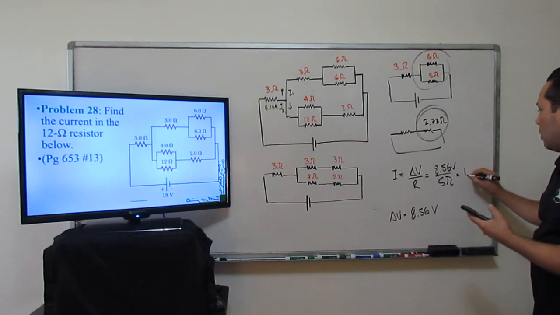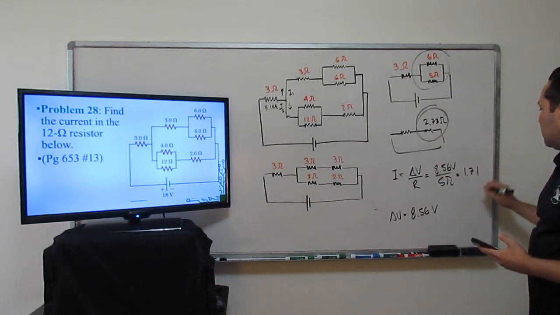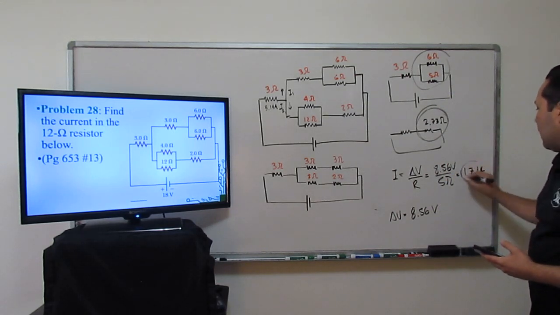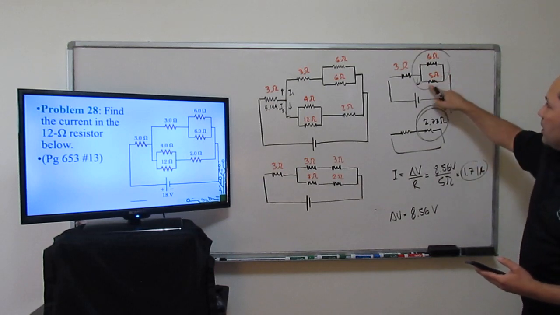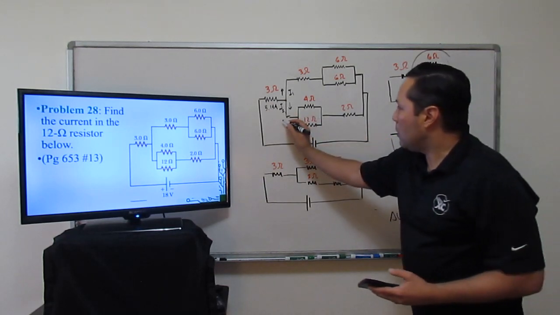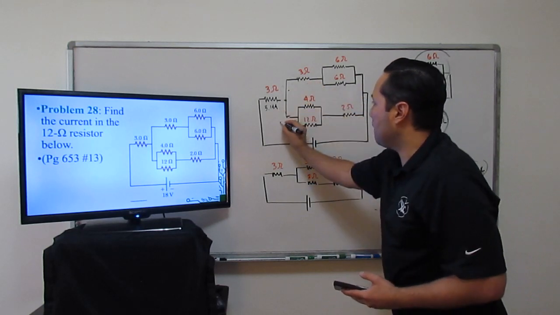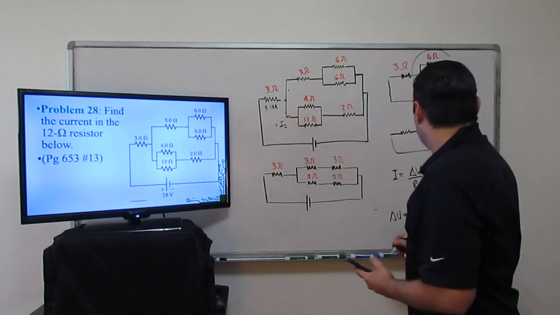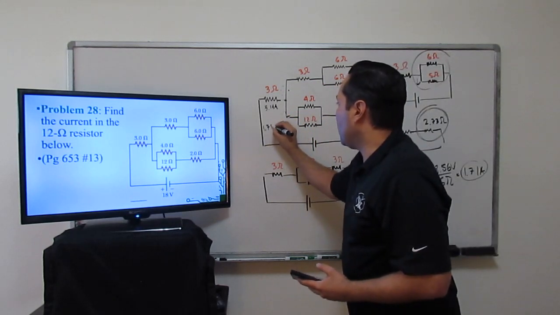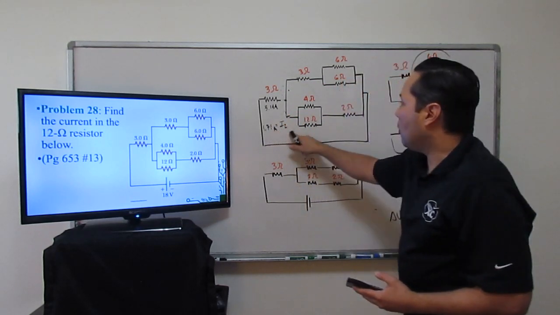So the current is 1.71 amps. That's going down this side. So this I2 right here is equal to a current of 1.71 amps.